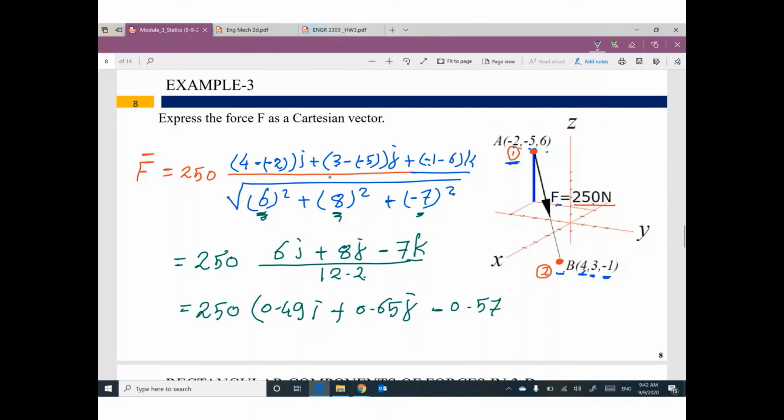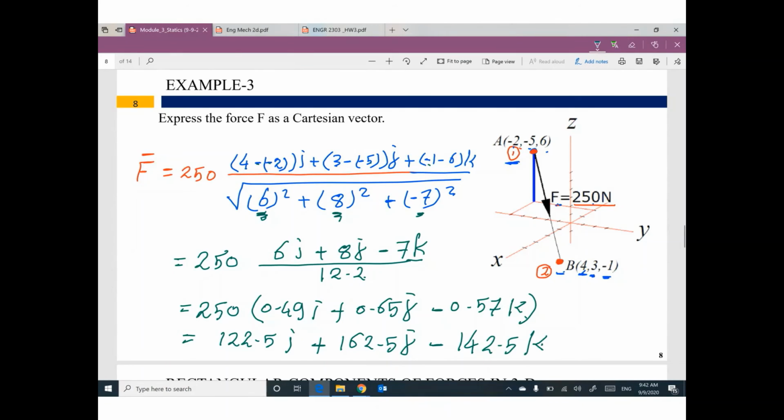This one will be 0.57k. More simplification, 250 times 0.49. This one will be 122.5i, and this one will be 162.5j, and this value will be 142.5k.